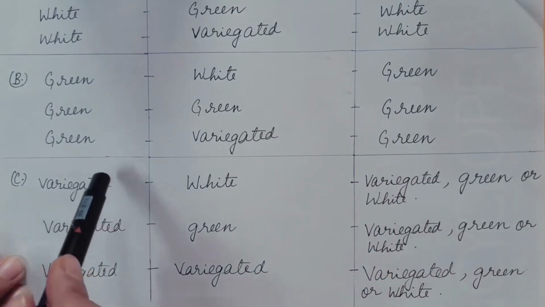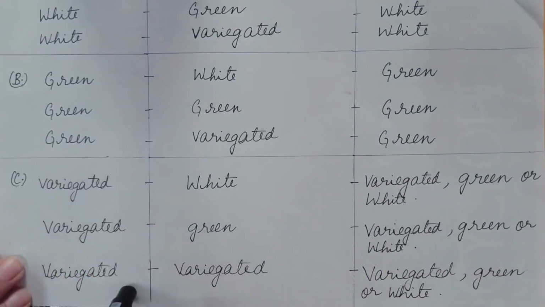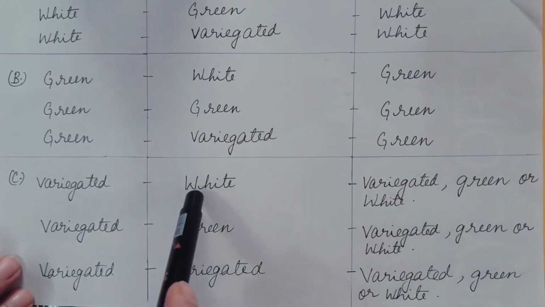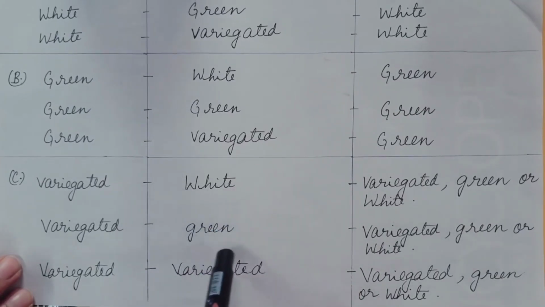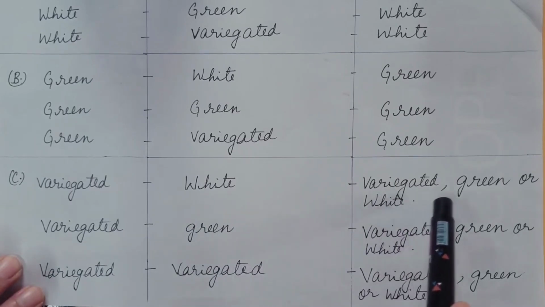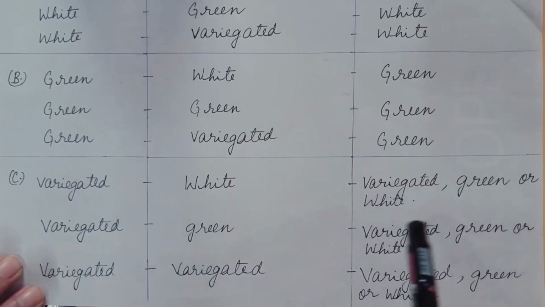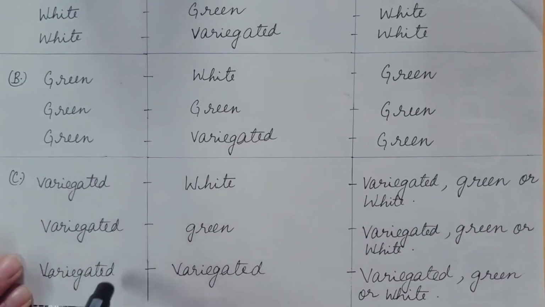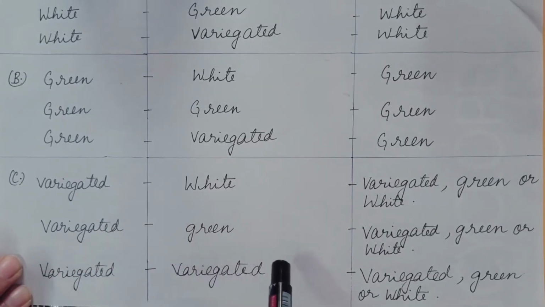And if the phenotype of the egg bearing branch is variegated and it is pollinated by pollen coming from any branch, white, green or variegated, the phenotype of the progeny will be all 3 types: variegated, green or white, because the cytoplasm present in the egg of the variegated branch contains all 3 types of chloroplast or plastid: white, green and variegated.